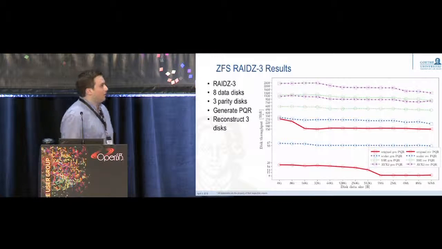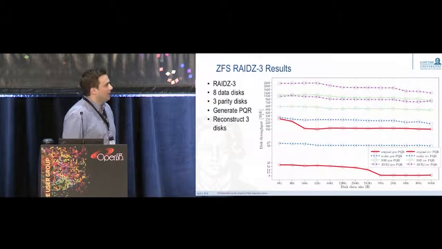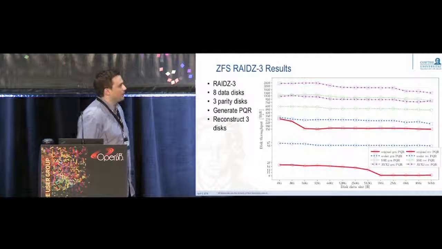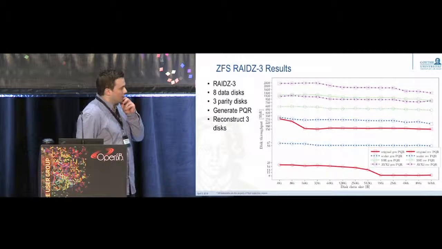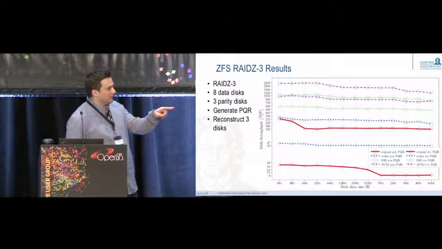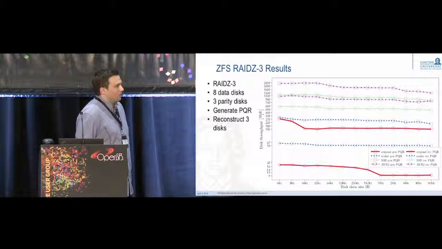Okay, same graph for RAIDZ3. Just this time, again, we have 8 data disks with 3 parity disks, generating all 3 parities and reconstructing three failed disks. This time the y-axis is a log axis to see the difference with the reconstruction of the RAIDZ3 methods.